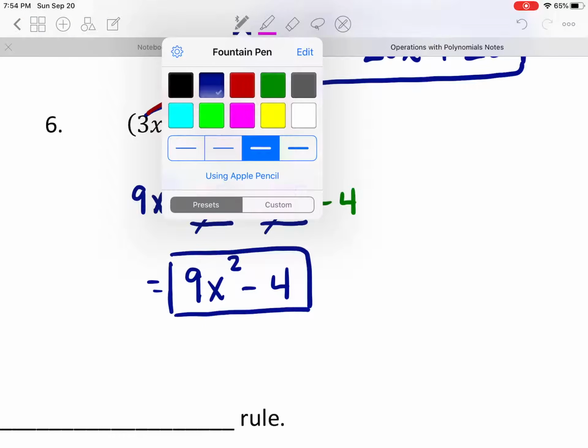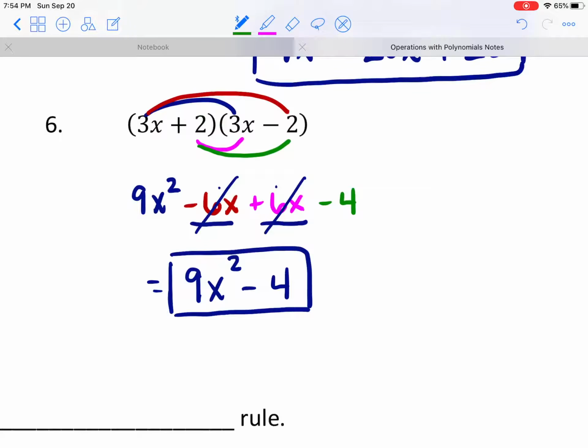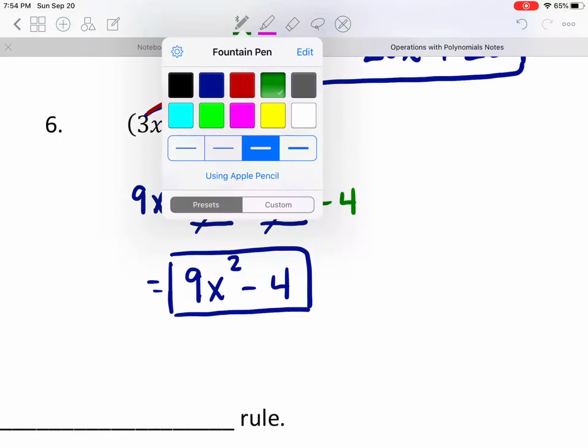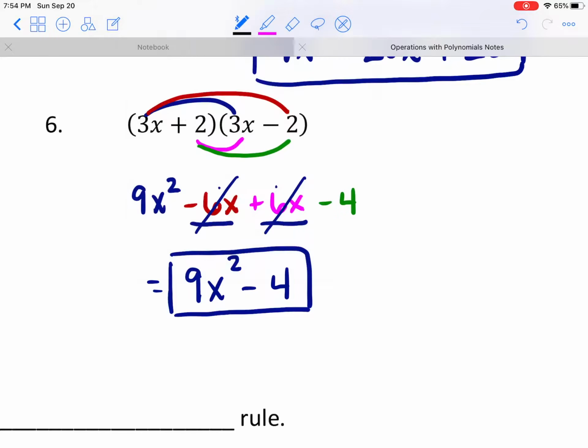And that is going to happen every time you multiply this type of binomial, or these types of binomials. These have a special name. These are called conjugates. So conjugates is the name for these binomials that have the same terms but opposite signs in the middle.